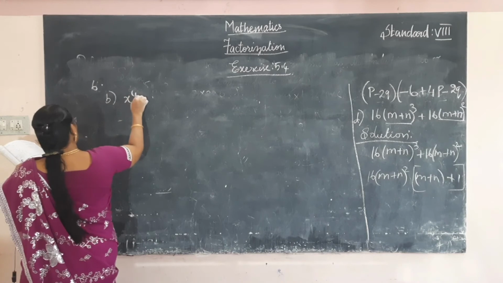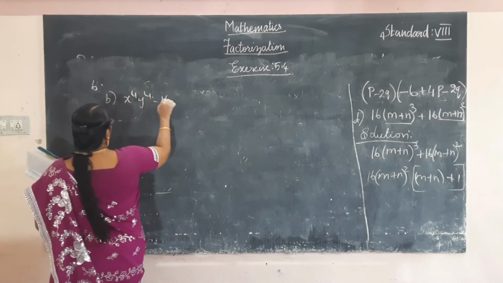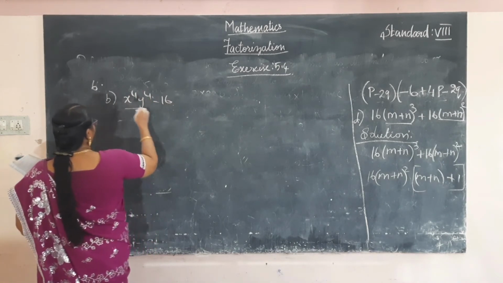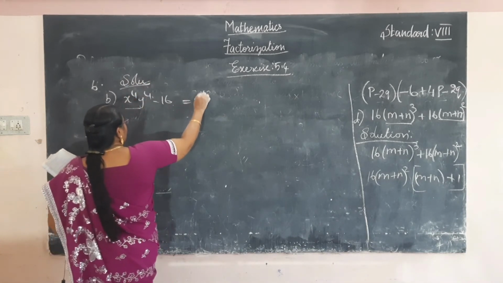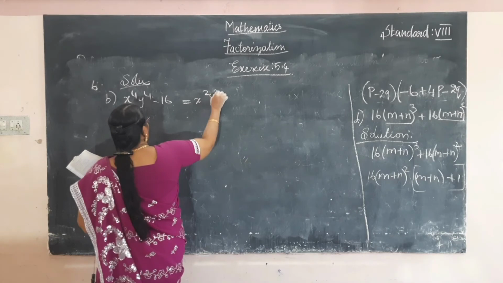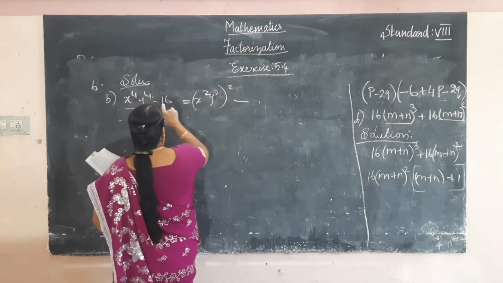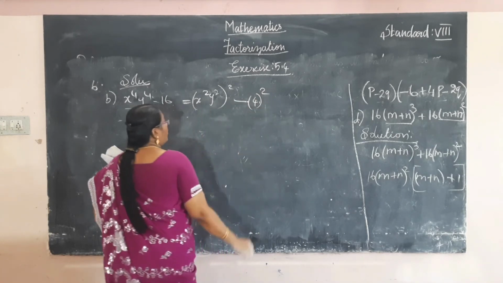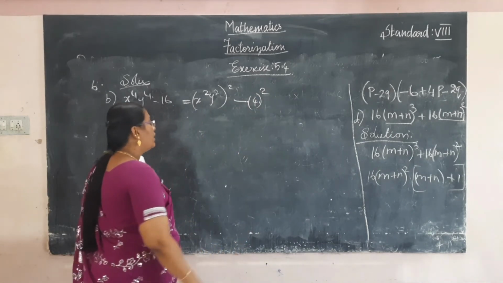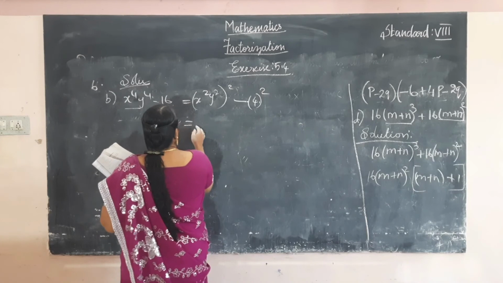x power 4, y power 4 minus 16. So it can be written as x squared y squared the whole square minus 16, which can be written as 4 power 2. It is in the form of a squared minus b squared.